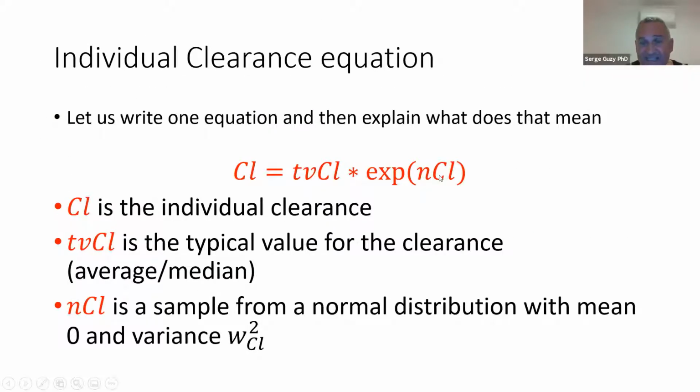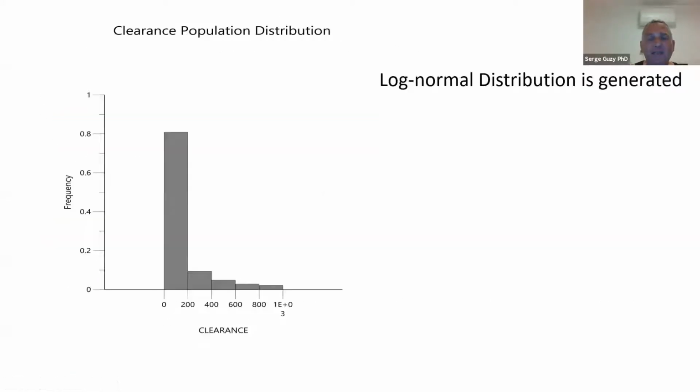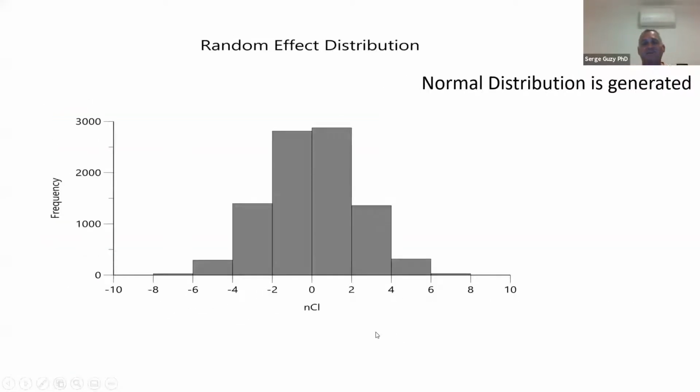NCL is always normally distributed. Making it an exponent transforms the normal distribution into a log normal distribution. Multiplying by TVCL makes the distribution centered around that mean value.